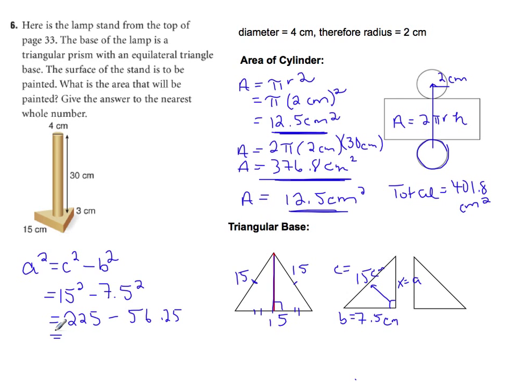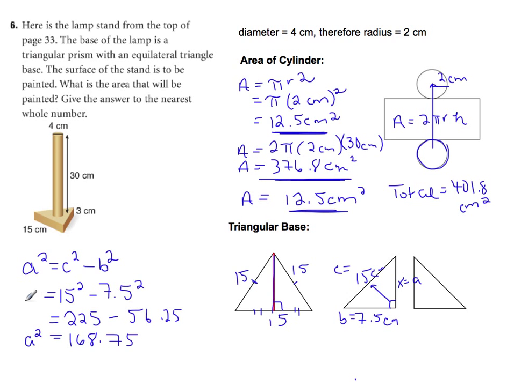I do my subtraction: 225 minus 56.25, I get 168.75. And that's equal to my A squared.